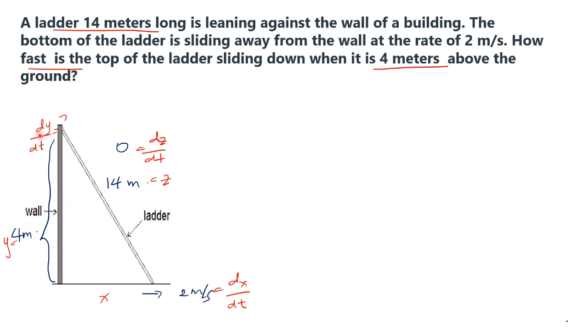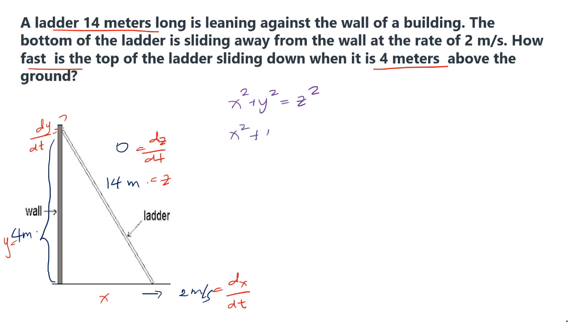As you can see here in our illustration, we have a right triangle. So we can use the Pythagorean theorem to identify the value of x when y is equal to 4. Since the variables that we use are x, y, z, we have x squared plus y squared is equal to z squared. We would like to find the value of x squared.